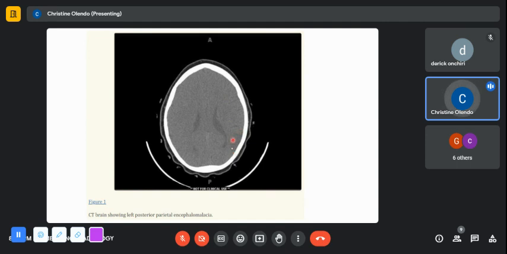It's hypointense, barely visible if you're not ready. So how do you know it's encephalomalacia? There are signs of volume loss.